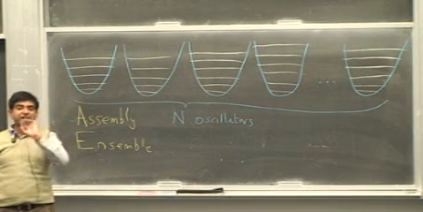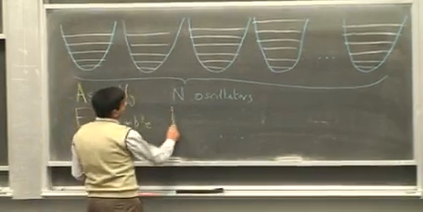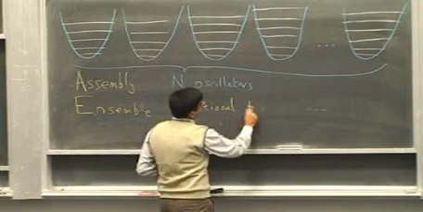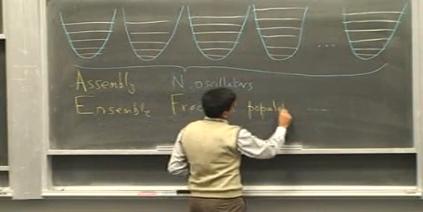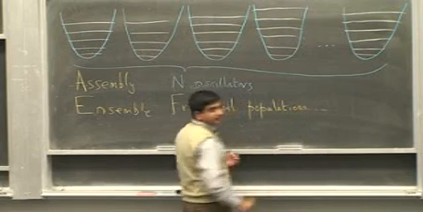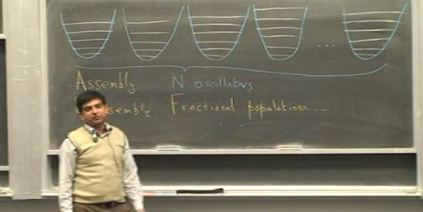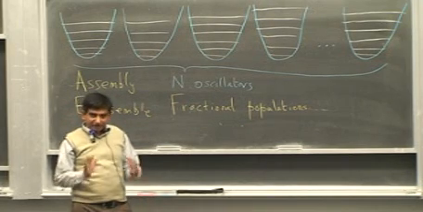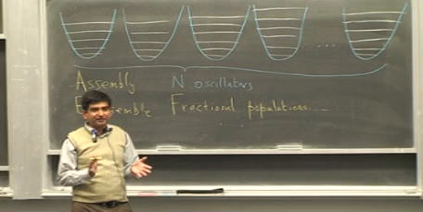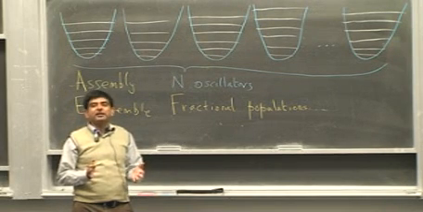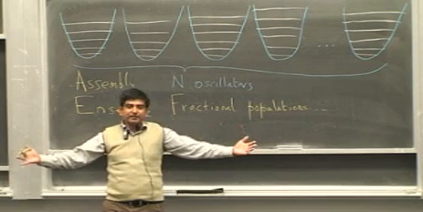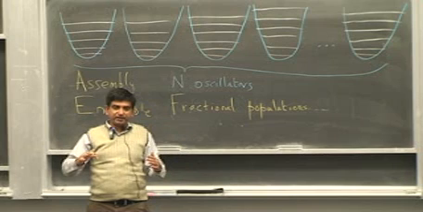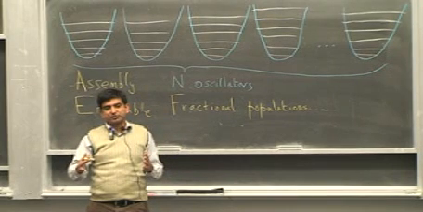And those fractional populations will also be proportional to the Boltzmann factor. Is that clear? Because if I look at one atom and there's a probability associated with the occupancy of a level, then if I have an ensemble of atoms, there will be a fraction of atoms in which Ei will be populated, and that fraction will be given by the Boltzmann factor.